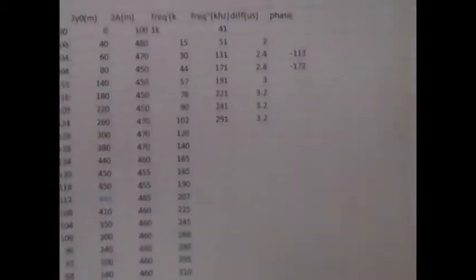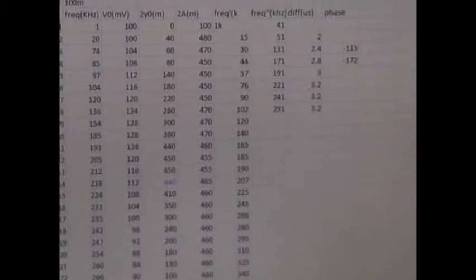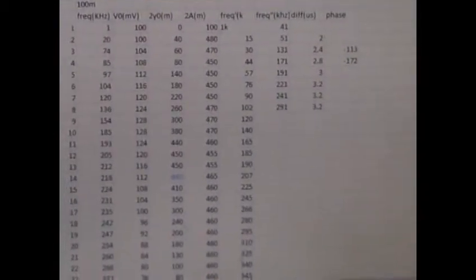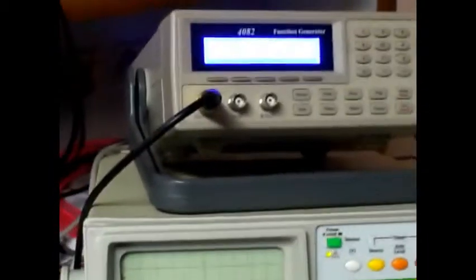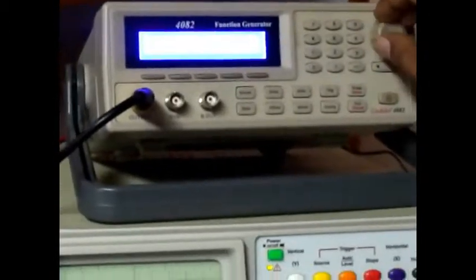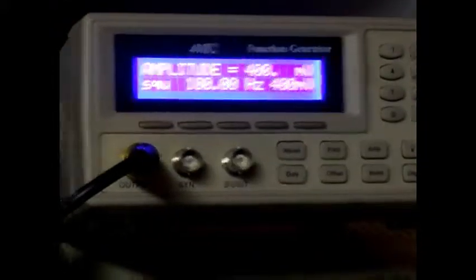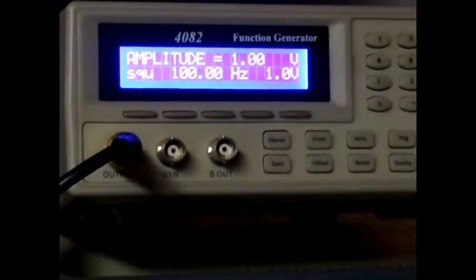Now we'll apply a square wave and see the output response of the circuit. Square wave of frequency 100 Hertz and amplitude 1 volt.